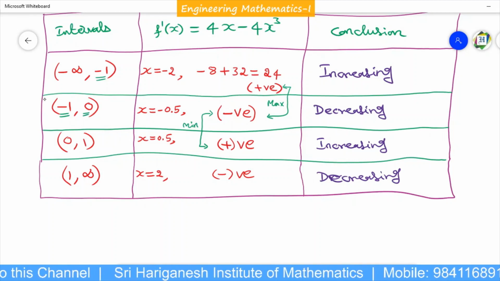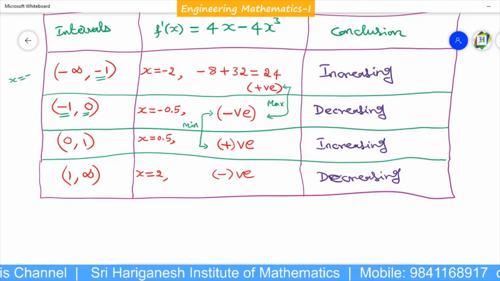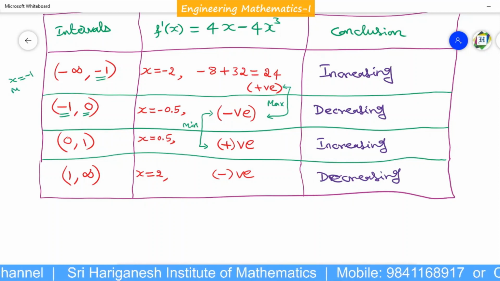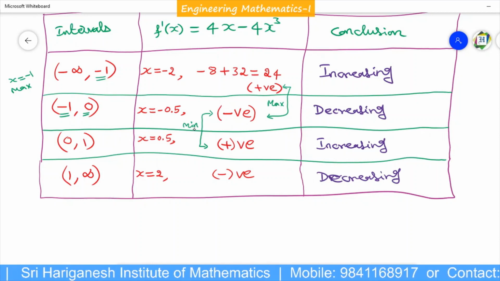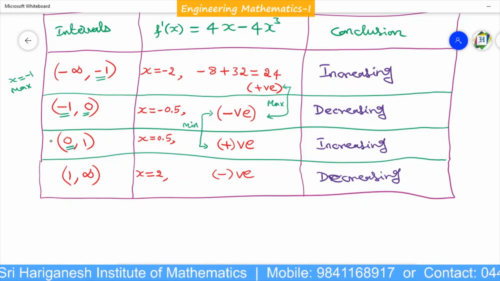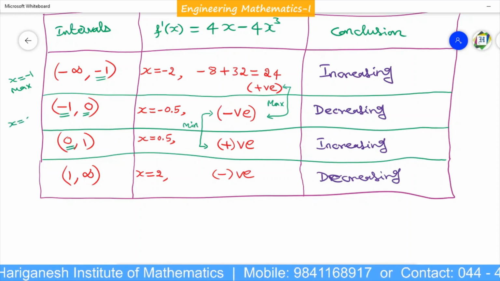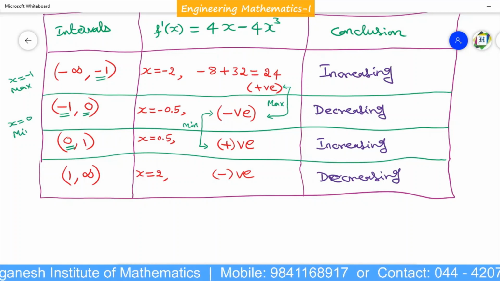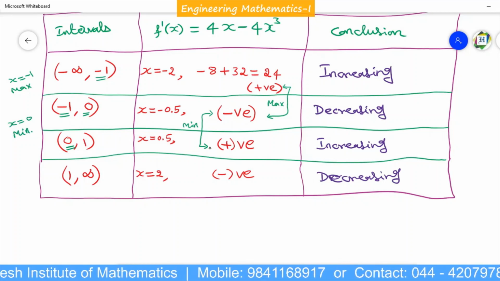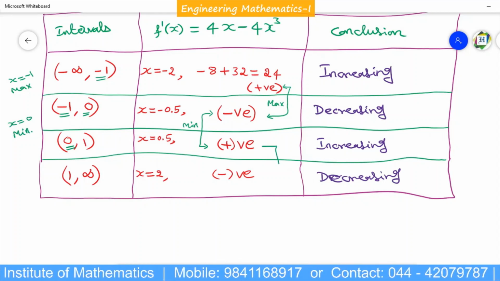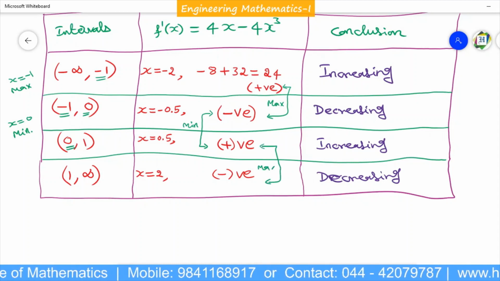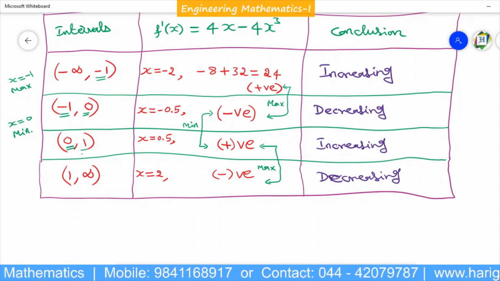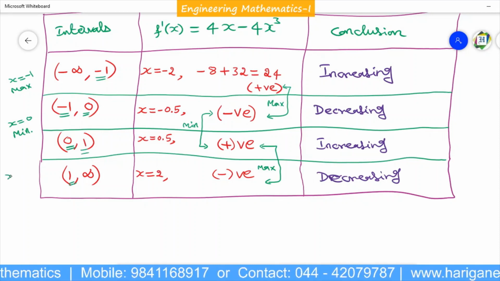So listen carefully, at x equal to minus 1, it is maxima, and minima at x equal to 0. At the last, again it is positive to negative, so it is maximum at x equal to 1.